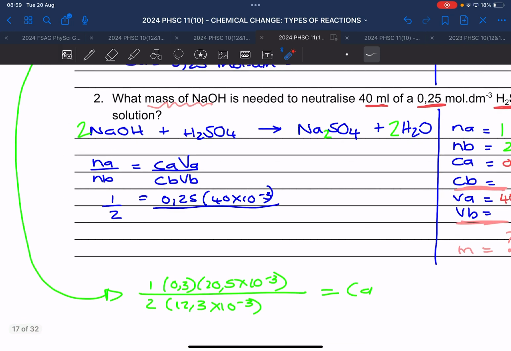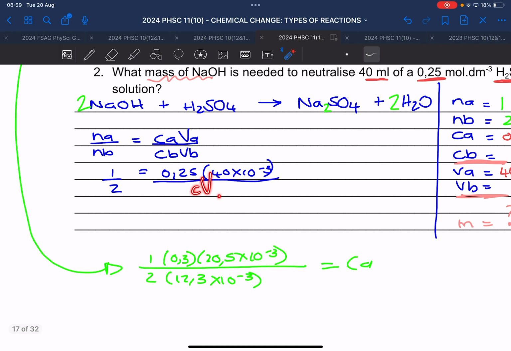Yes, my question is, what is C times V? So here we have the mole of the base. Now that mole of the base that we have there, that is the actual mole that you've added or need.